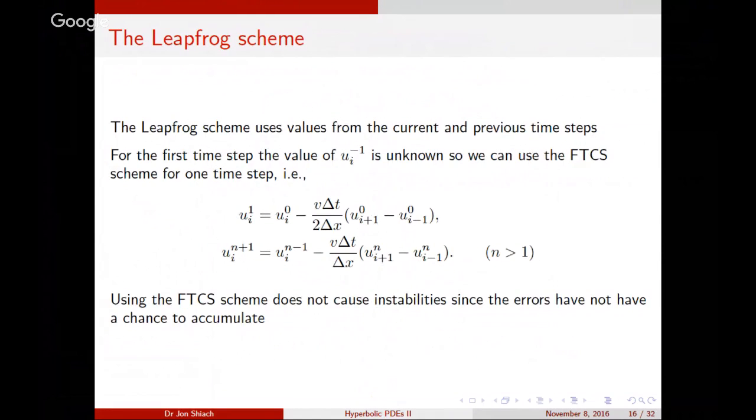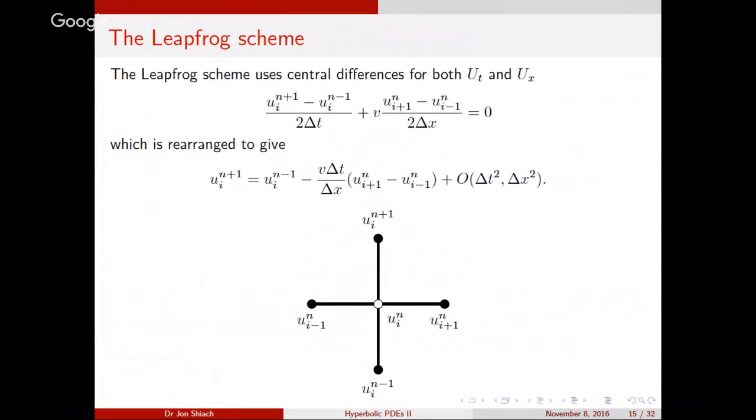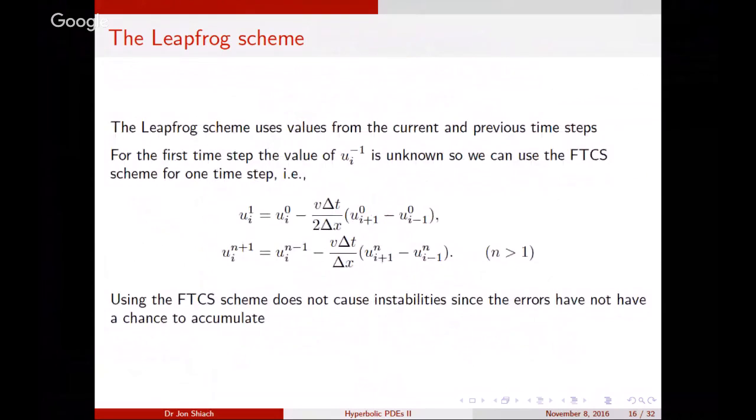Okay, the only problem we've got here is, what do we start with? Let's say this is our initial time level here, when n is 0. We don't have a previous value, it didn't exist. So in that case, we borrow the forward time central space scheme.